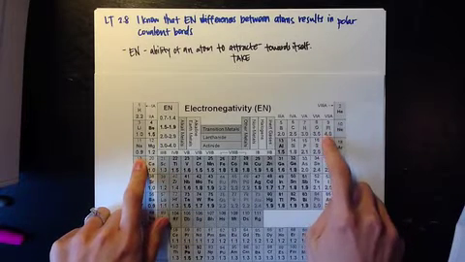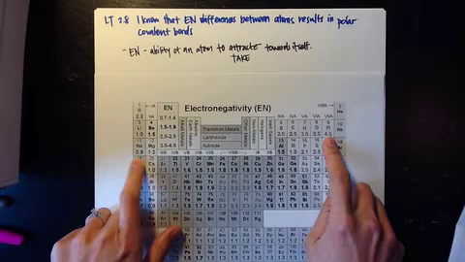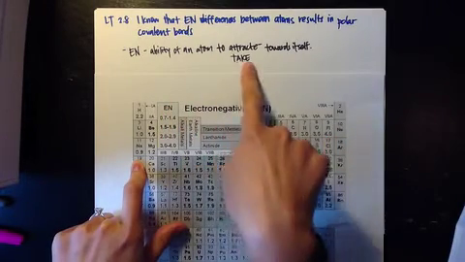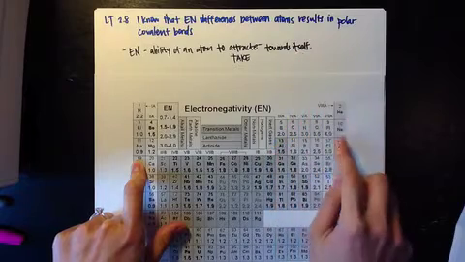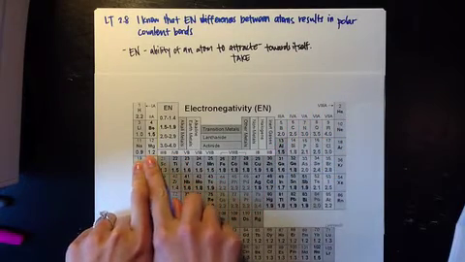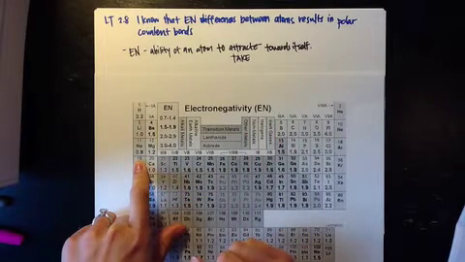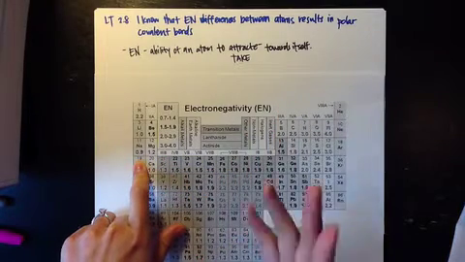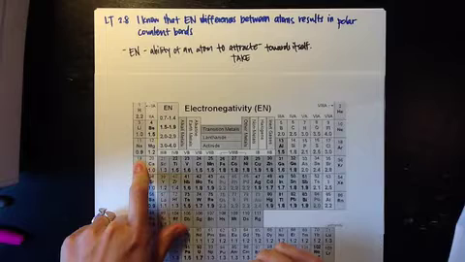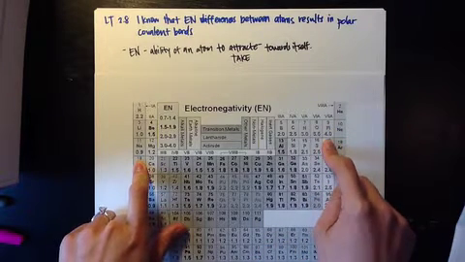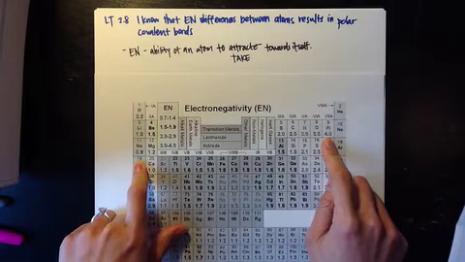It just means one likes to take electrons and the other does not like to take electrons or can't. One likes to hog the electron more than the other. And which one wants that electron around it more often? It's going to be fluorine, because fluorine has a higher electronegativity value.